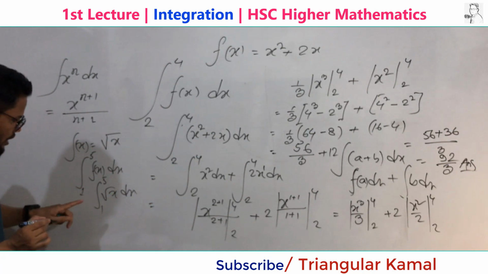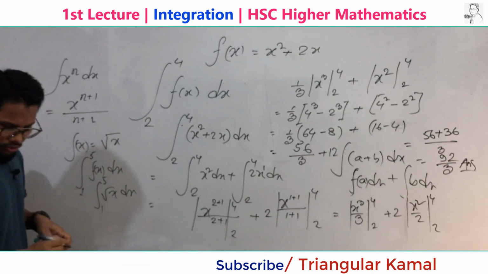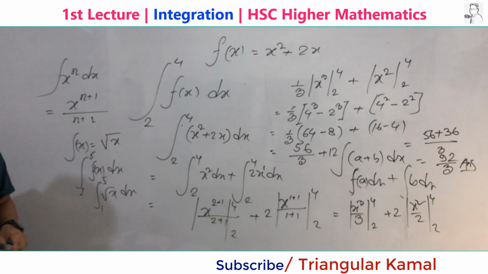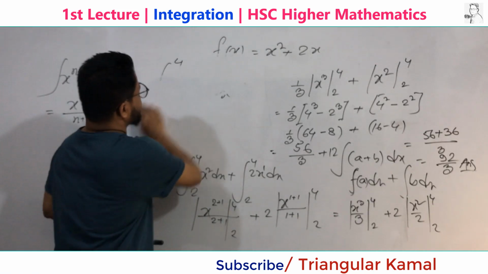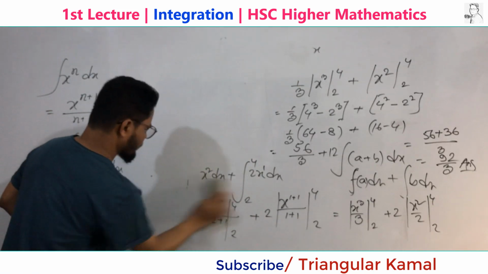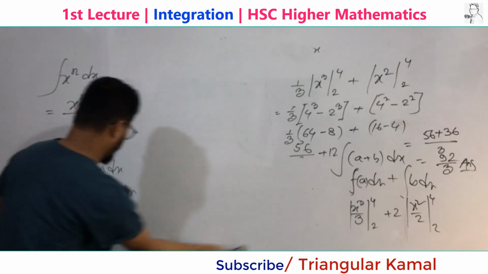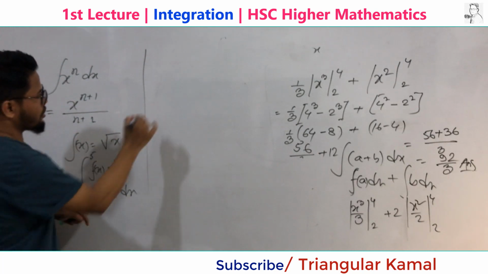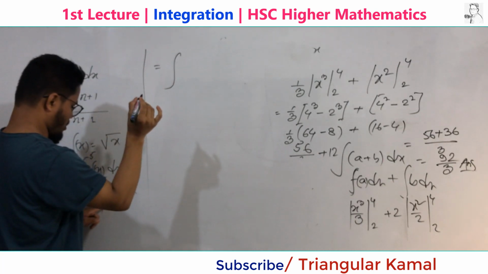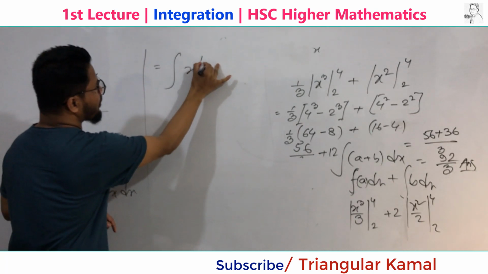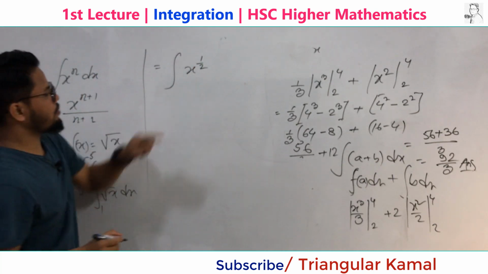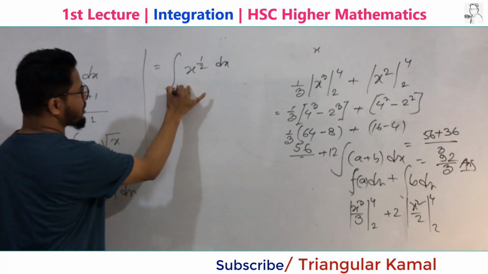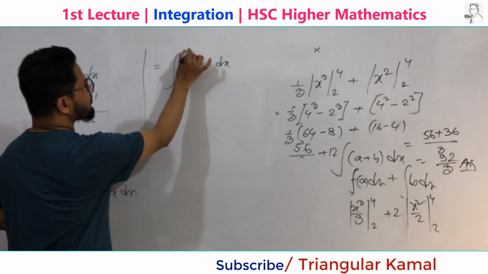So now we can write here, what is the result of this one? Root over x indicates x to the power 1 by 2, and this is the dx, and the integral limit is 1 to 5.